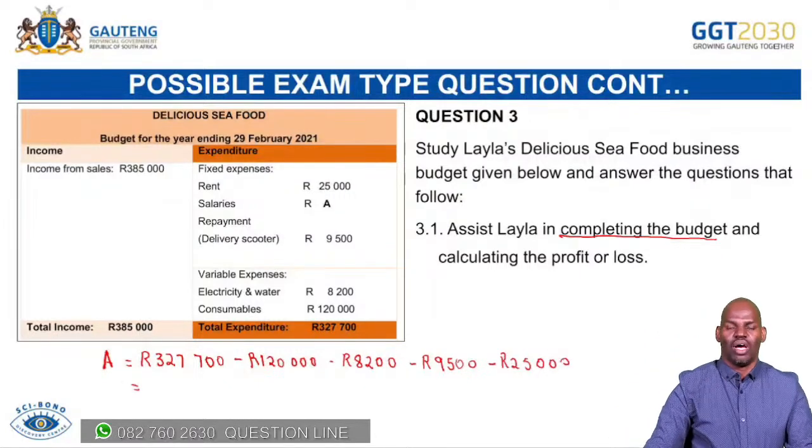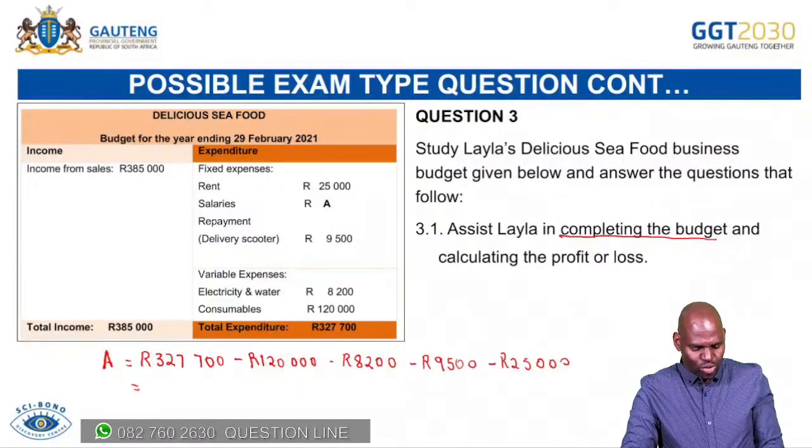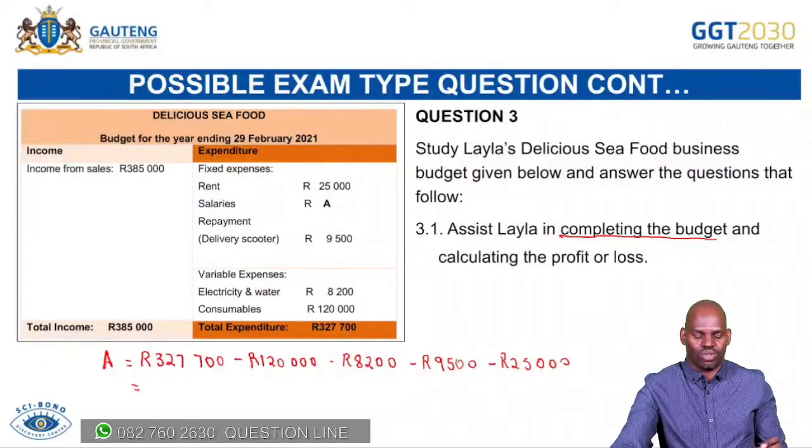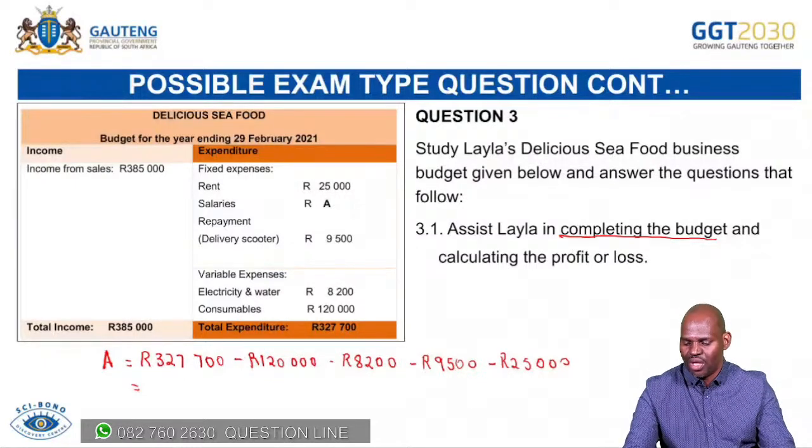Okay, so I have to make sure. I've got 327,700, which is this amount. Then I have to subtract 1, 2, 3, 4 values. So if I take my calculator, I say 327,700 minus 120,000, minus 8,200, minus 9,500.